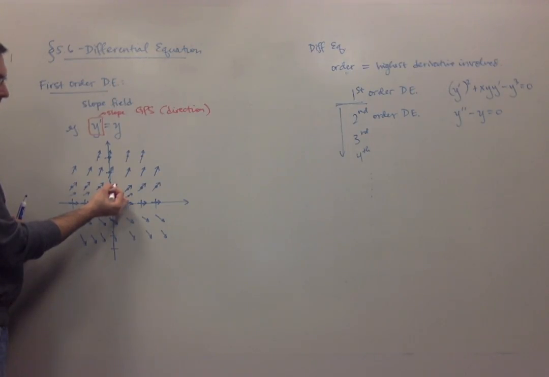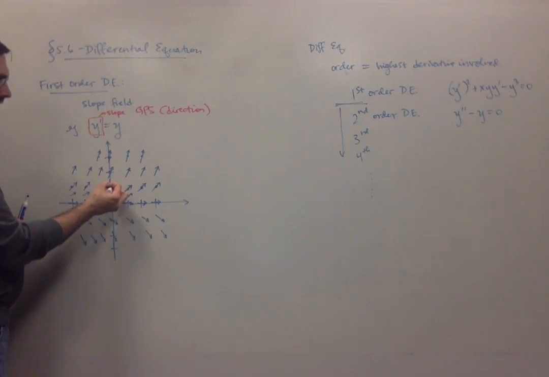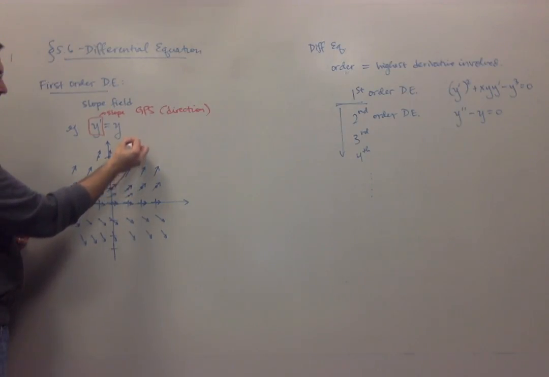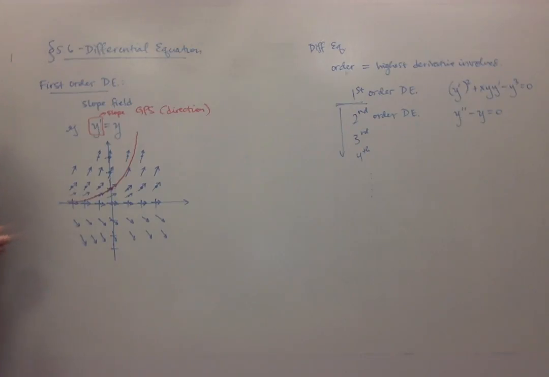And I go in that direction, and I keep going until I actually am tracing out a curve. If I were to start at, say, 0, 1, as I keep going up, my slope keeps getting steeper and steeper and steeper. If I were to go backwards, my slope would be getting shallower and shallower and shallower.